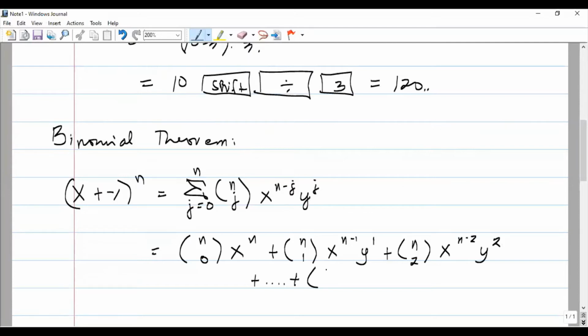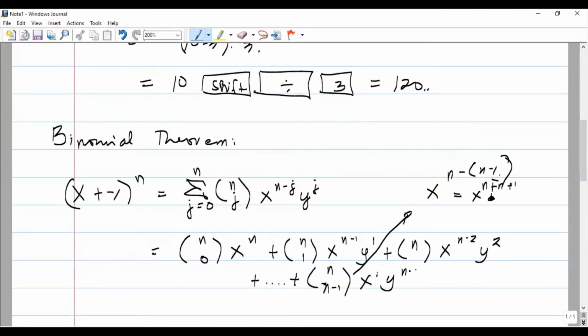The combination of n taken n minus 1 at a time, of x times y raised to n minus 1, plus n choose n, times x raised to 0, y raised to n.